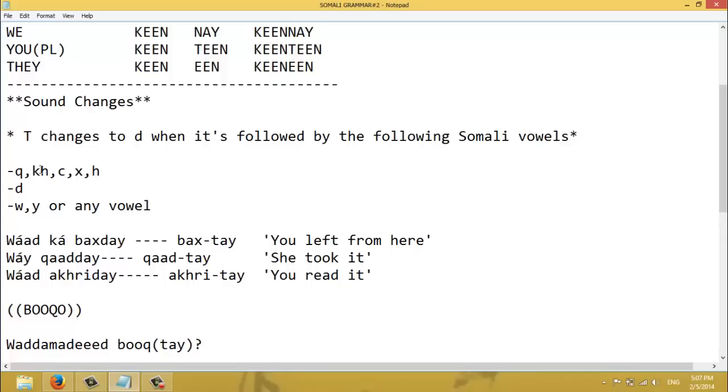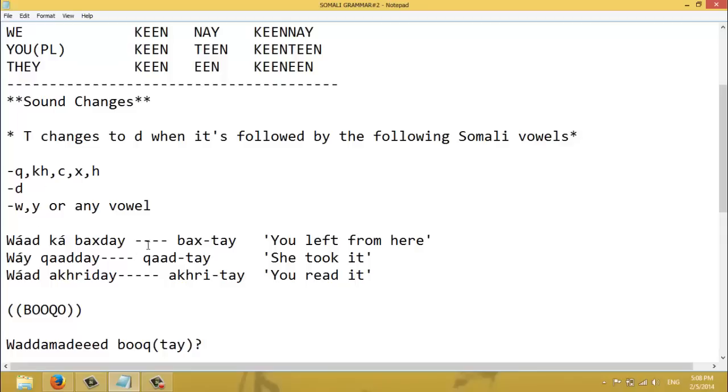So when the letter T is followed by any of these guttural sounds, it's going to change to D. Then you have a D sound here, W, Y, or any vowel. So you're going to have to remember the rule for these.